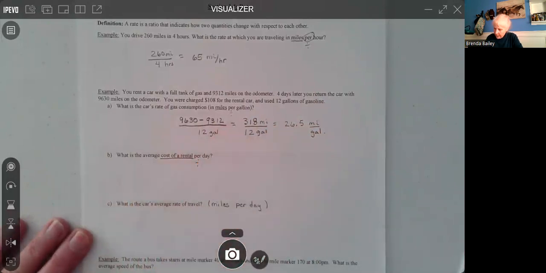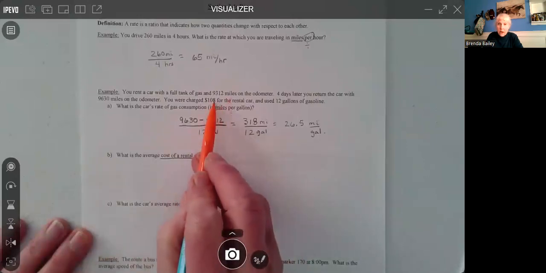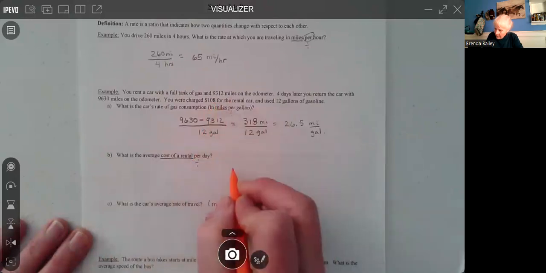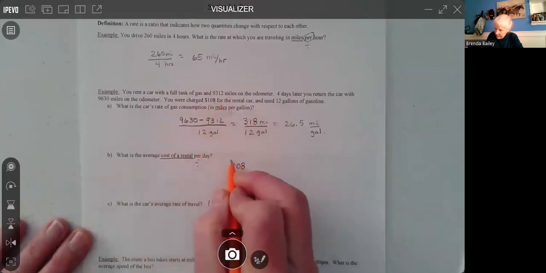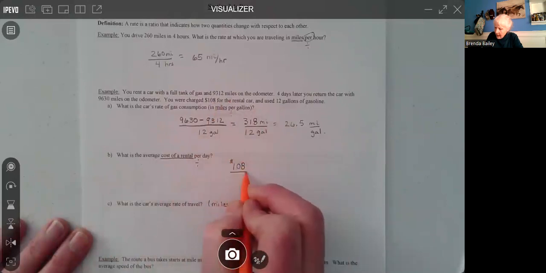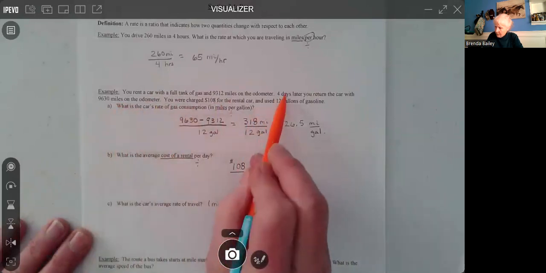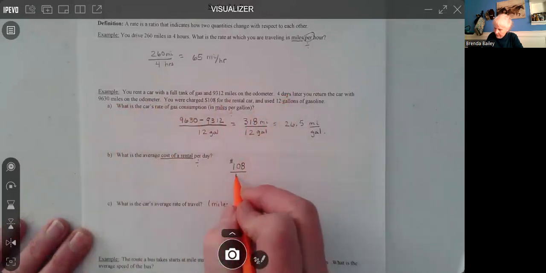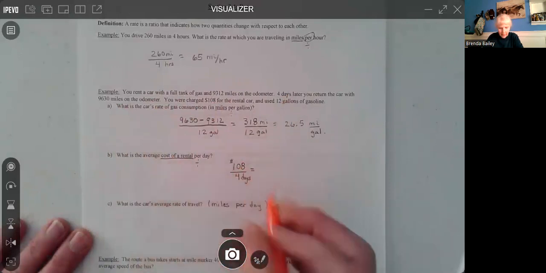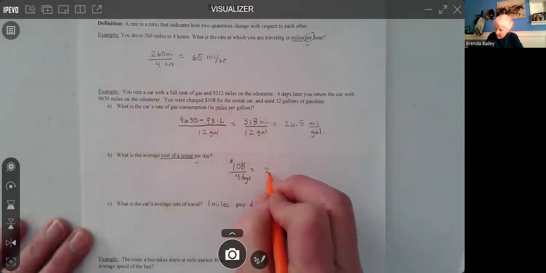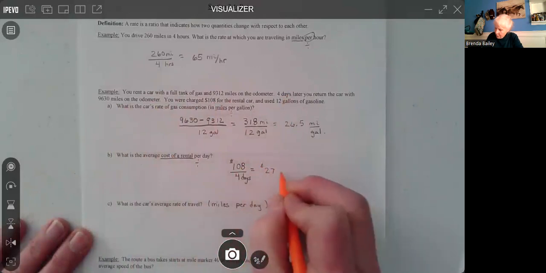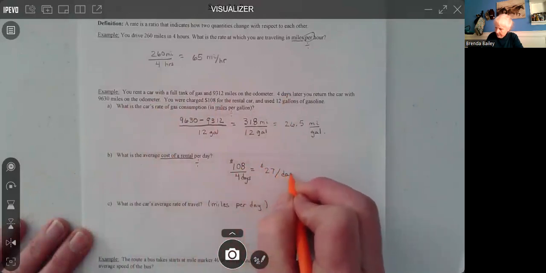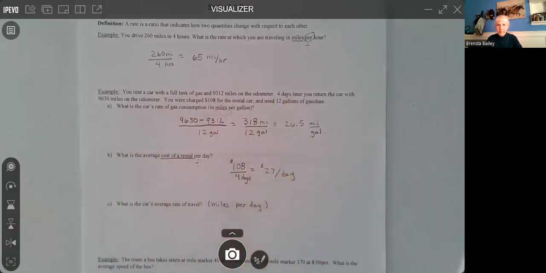Well, the cost of the rental was $108 total. That wasn't per day, that was total. So we'll have $108 divided by the number of days, which was 4, I believe. Yes, 4 days up here. So we'll divide those and come up with $27 per day. All right, $27 per day.